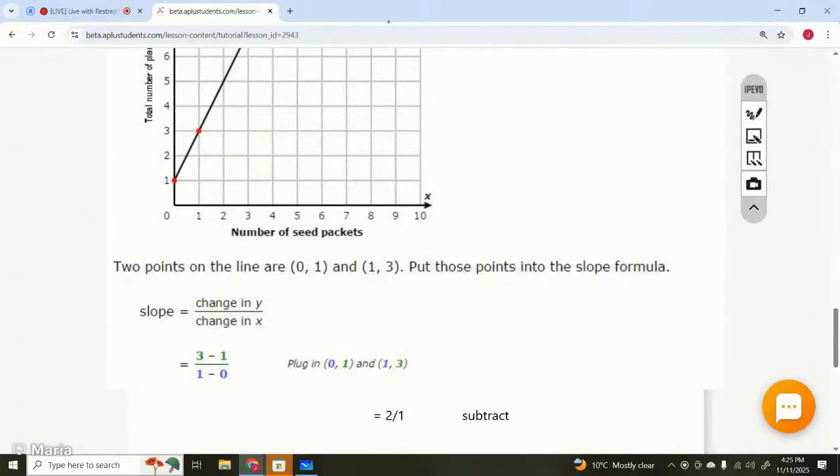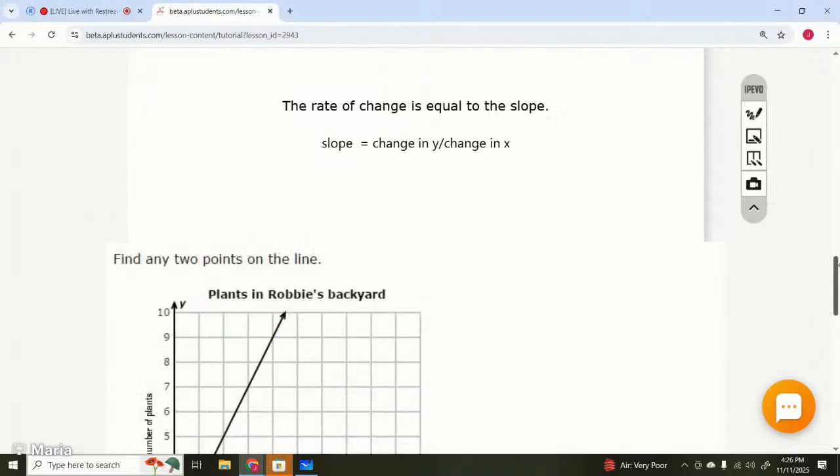Change in y is 3 minus 1 divided by 1 minus 0. That is 2 by 1. So the rate of change is 2.